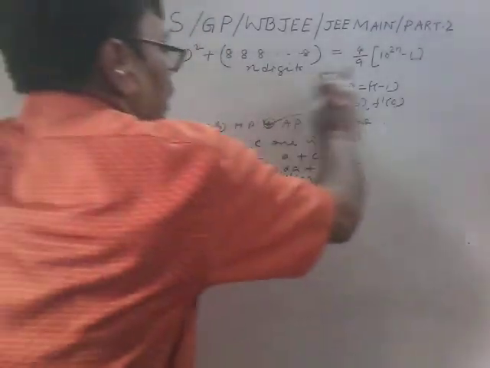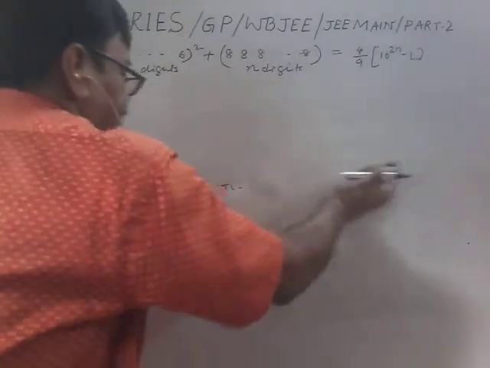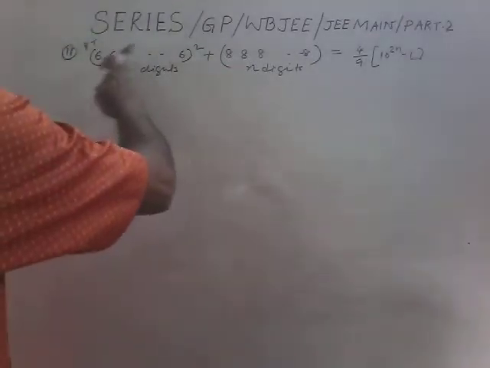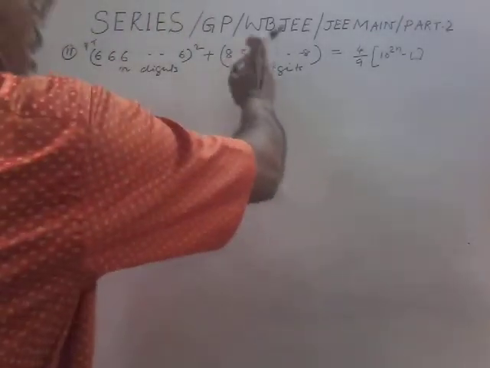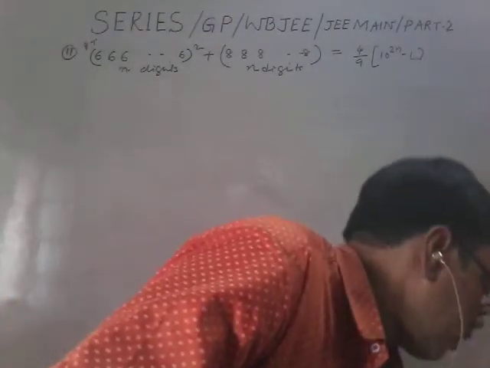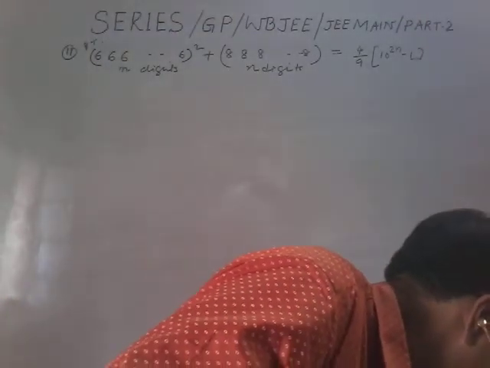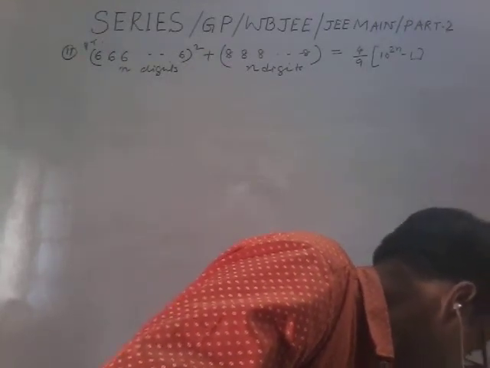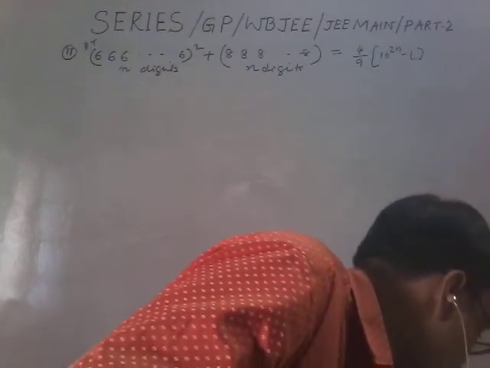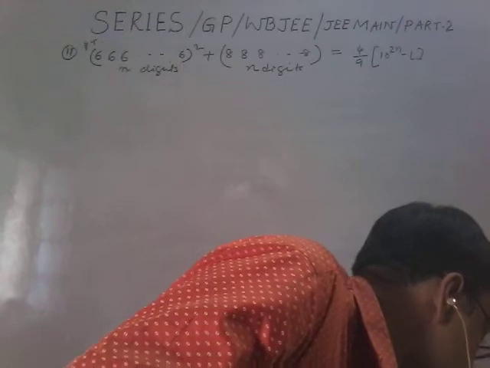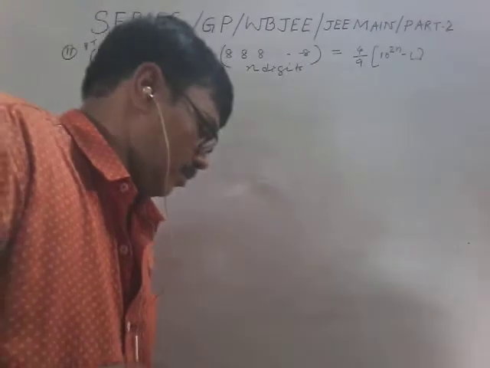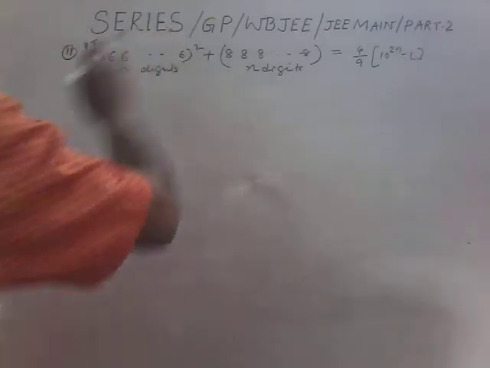Now problem number 11. 666 (n digits) whole square plus 888 (n digits). Now the unit place is 6.